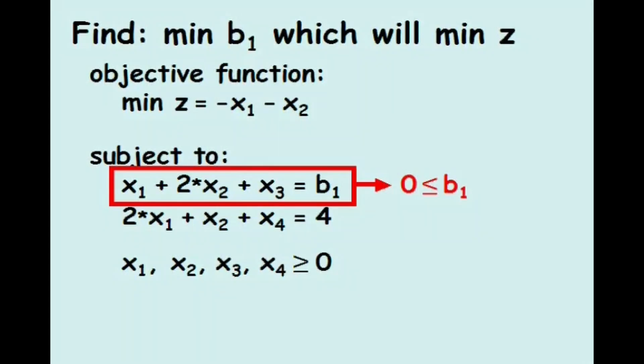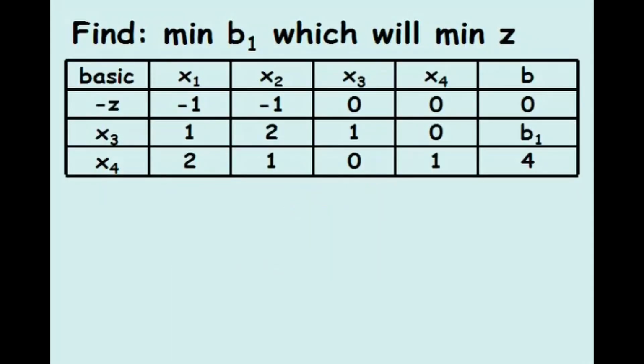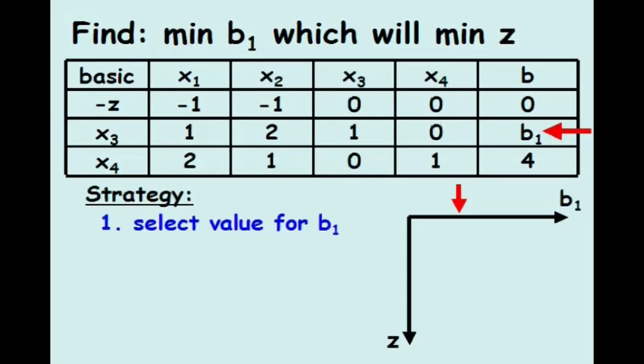Next, we'll set up the network tableau shown here in its entirety, with the two slack variables x3 and x4 as the basic variables, equal to the rightmost column, column B. From here, our strategy will be to select a value of B1, solve the problem for x to identify the optimal basis B and its inverse, B inverse.